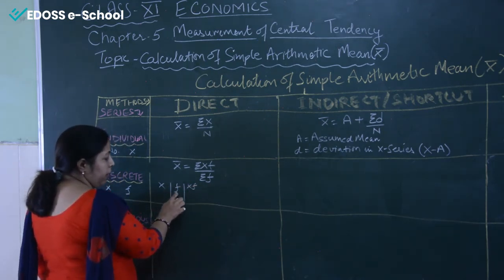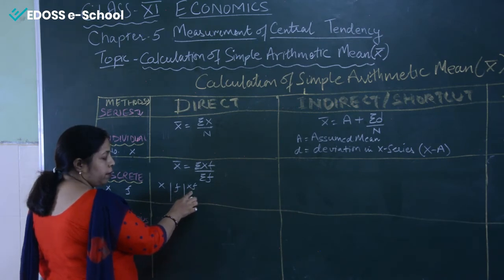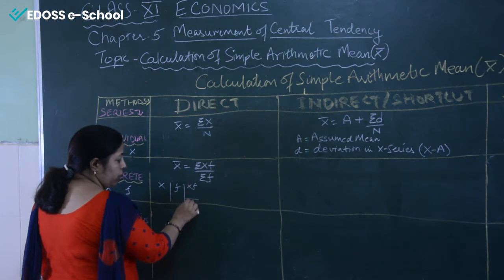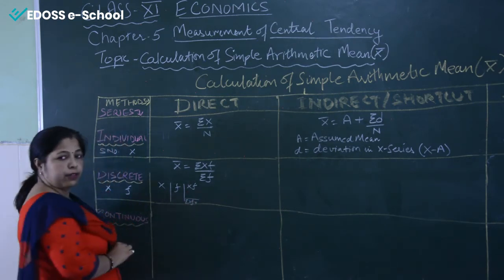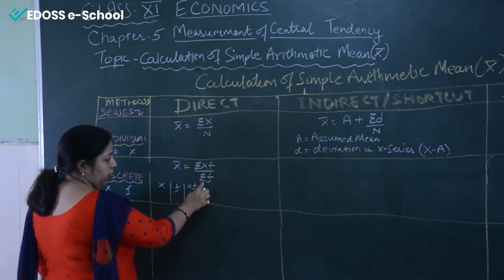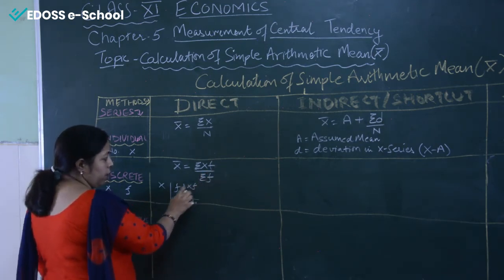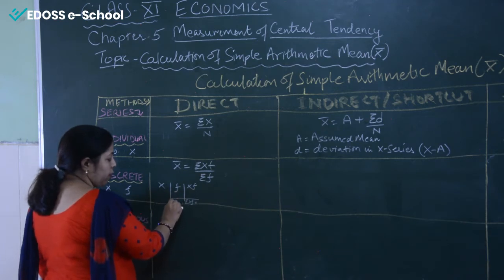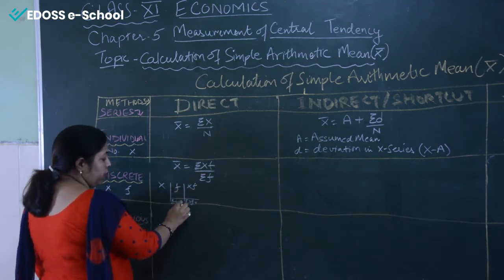X multiplied by F, the value will be here. So this column will be created, and when we total this up, summation XF will appear. The lower value is summation F, which is the total of F, which we will get from here.